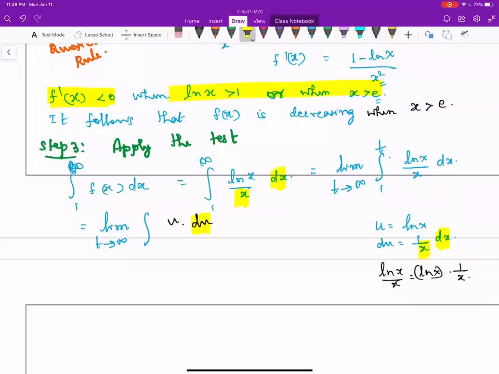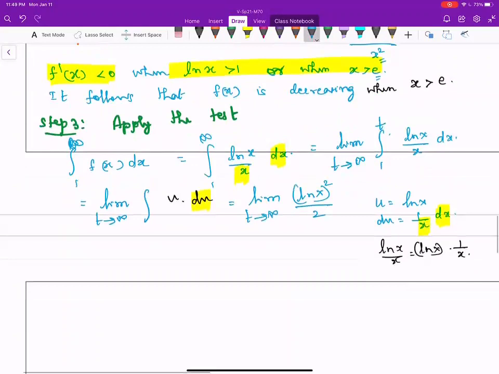Now, if you integrate this, it is u square over 2. The limit is t approaching infinity. U square over 2. But what is u? ln x. So ln of x the whole square over 2, between the limits 1 and t approaching infinity.